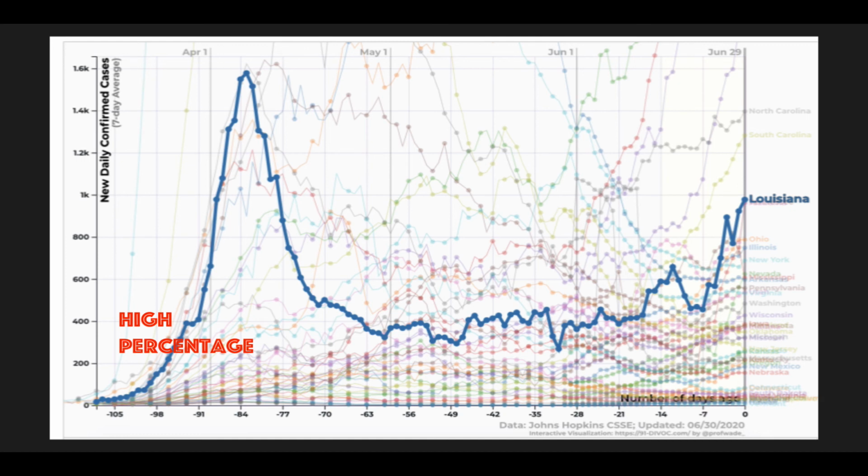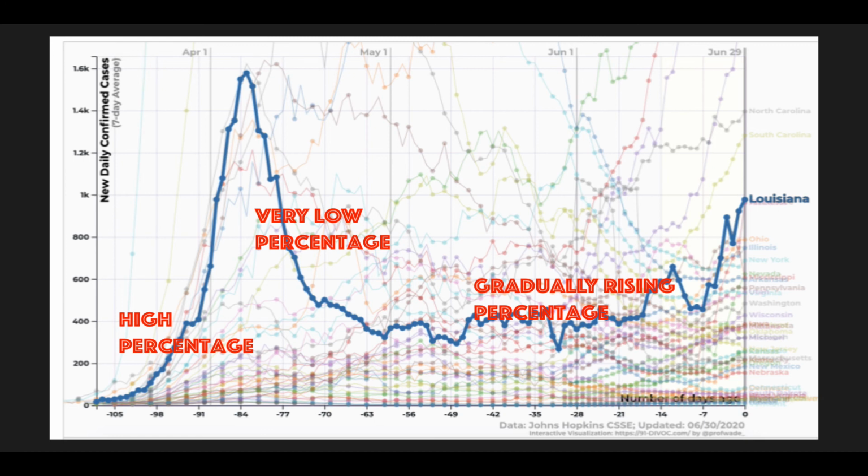When the pandemic started, we didn't know about it, and so there was probably a good chance of virus spread. We had a high percentage. Then the state of Louisiana shut down, and we probably had a very low percentage. And then as the state reopens, we've had differing percentages throughout the state as more and more contact has been allowed.